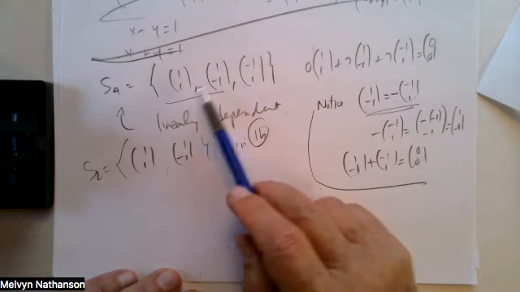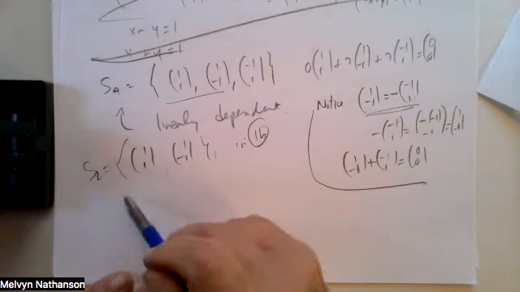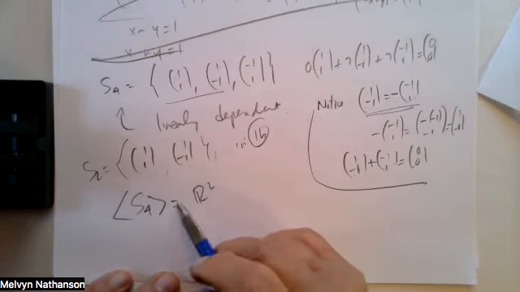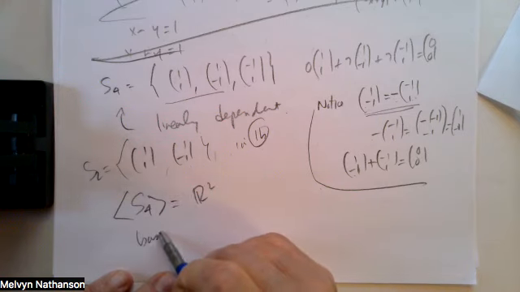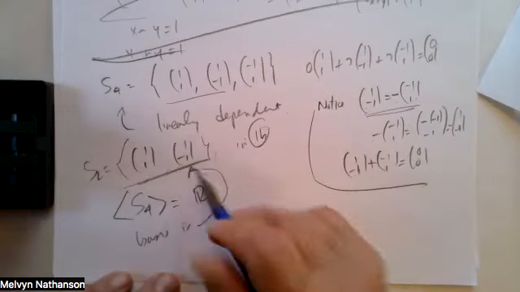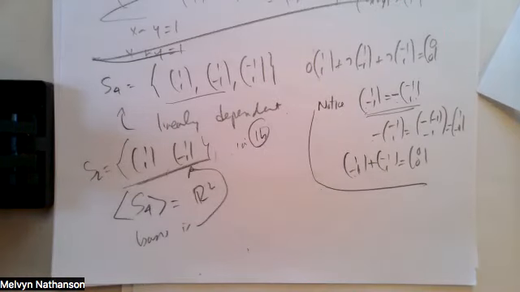So the subspace these three vectors generate still is all of R2, and a basis is this set of these two vectors. If you have a set of vectors that generates, a basis is the largest subset that's linearly independent. And these two vectors are linearly independent.